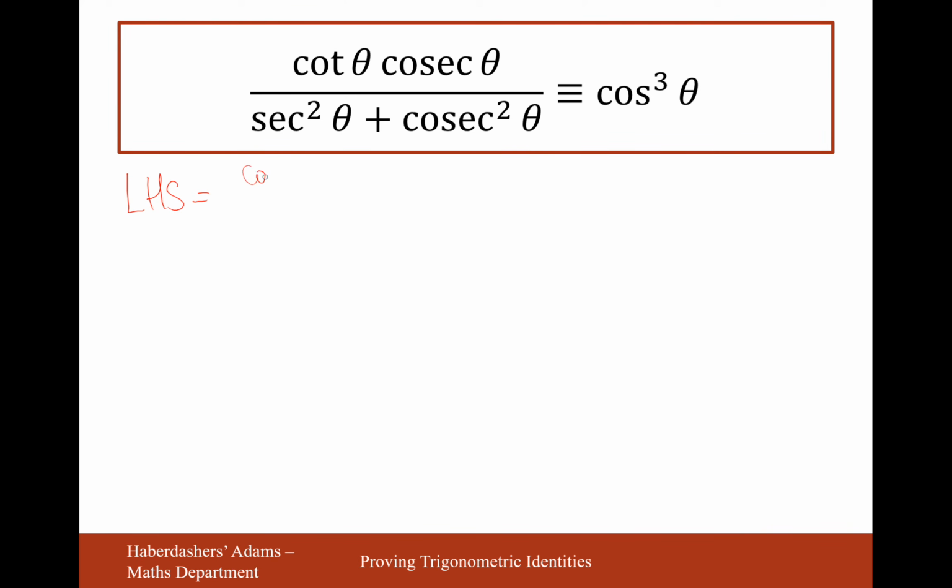Cot theta is equal to cos theta over sine theta. Then I'm going to multiply this by 1 over cos theta. So 1 over cos theta, that's 1 over sine theta, isn't it? Over 1 over cos squared plus 1 over sine squared.